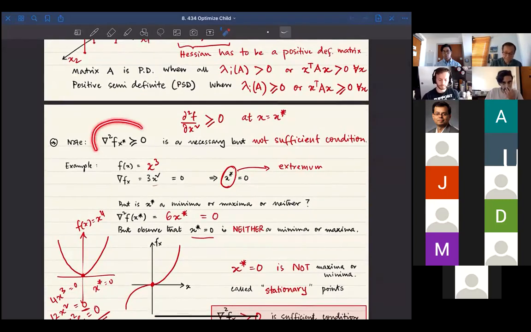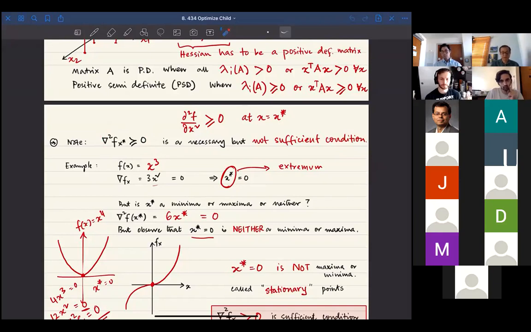If it is positive semi-definite, then it's a necessary but not sufficient condition. That means all minima and maxima, when you plug them into the Hessian, will satisfy positive semi-definiteness. But there could be other points that are not minima or maxima that can also satisfy positive semi-definiteness.